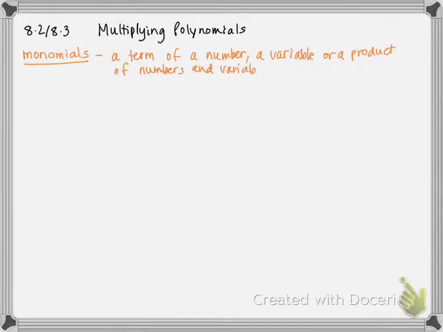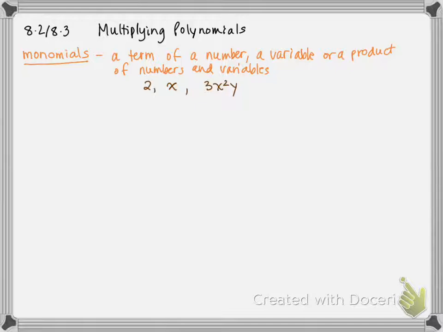So there's no adding or subtracting. It doesn't have to have more than one variable. It could be just one. So just a couple of quick examples of what I'm talking about. We could have 2, we could have x, we could have 3x squared y.